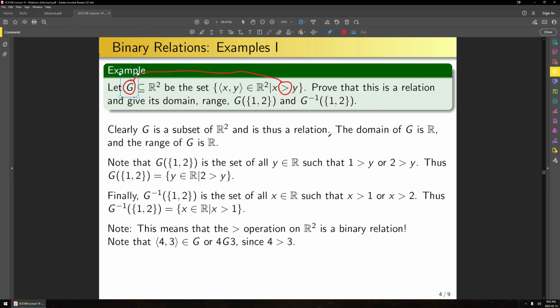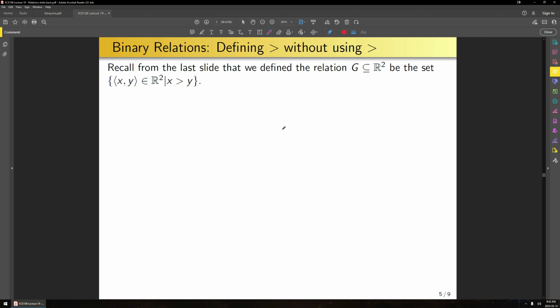So how do we define this formally to avoid using this symbol to define itself? Well, here's the standard way to do it. From the last slide, that's how we defined everything. Now we're going to formally define greater than without self-reference. You might think for a while, what's the key idea of greater than? The idea is that x is strictly bigger than y.